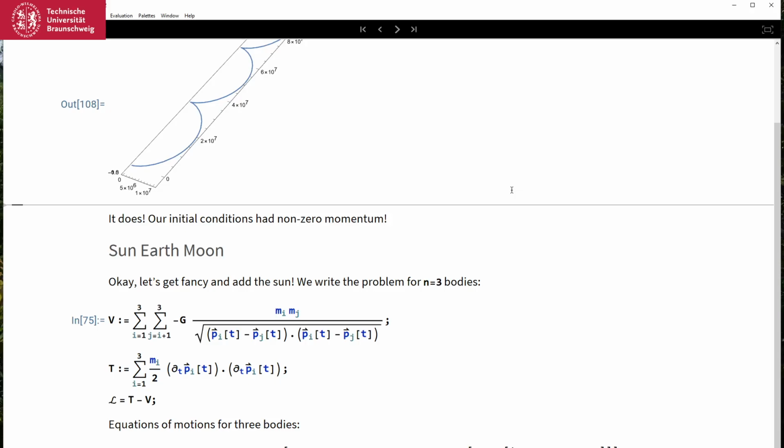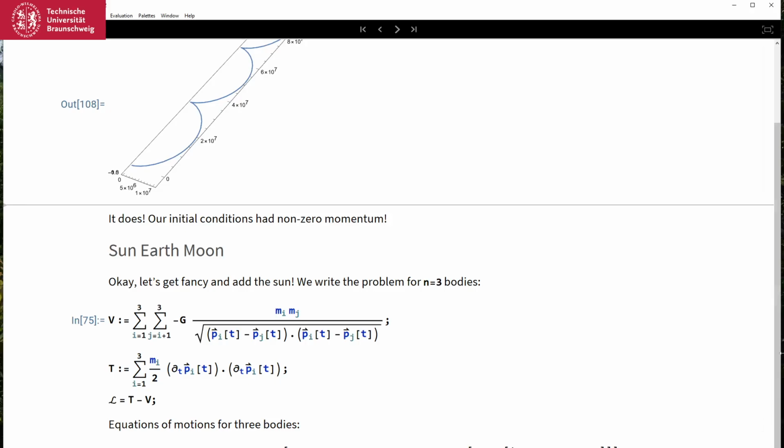We want to automate everything as much as possible, right? So say we now have an n-body system.